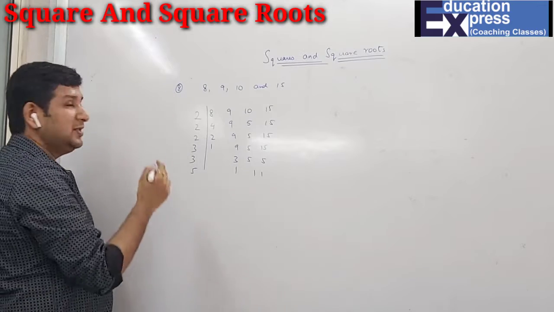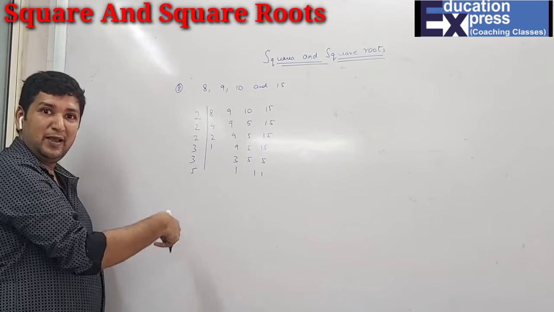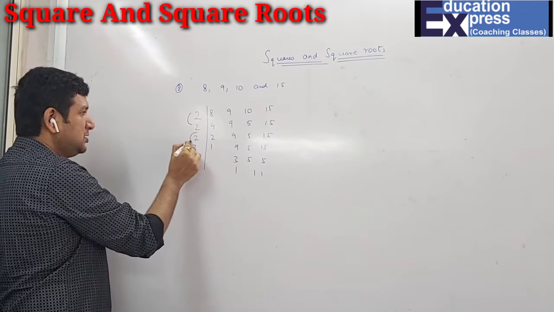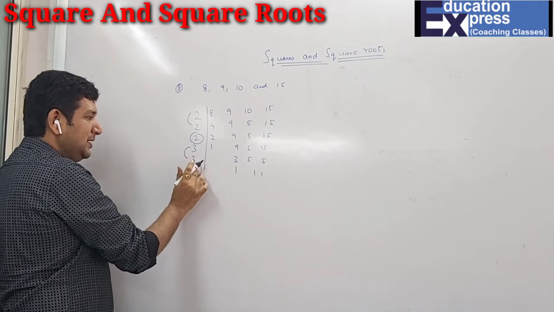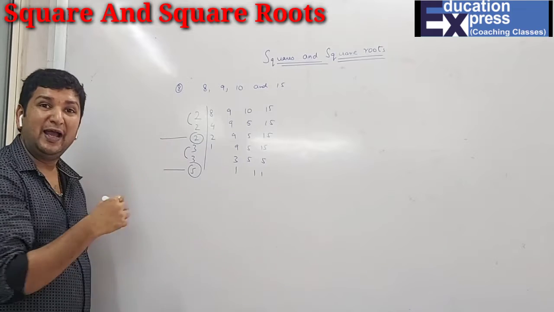So for the perfect square, by the same method I have to find which number I have to multiply to make it a perfect square. So here 2 square is there, here 3 square is there. What is left now is this 2 and this 5. That means to make a perfect square, I have to multiply by 2 also, and I have to multiply by 5 also.